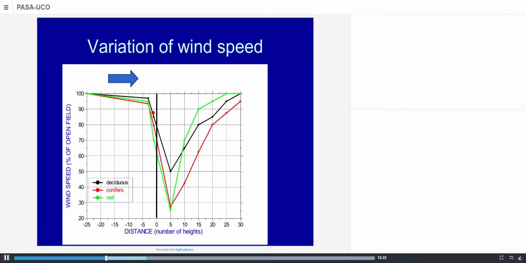But remember, we have even some effect in the windward side of the windbreak. And typically, we have a very strong effect of medium porosity windbreaks, like conifers. We have a strong effect up to 10 to 15 heights of the windbreak, like you can see here. At 15 heights, we have a reduction of more than 30% of wind speed.